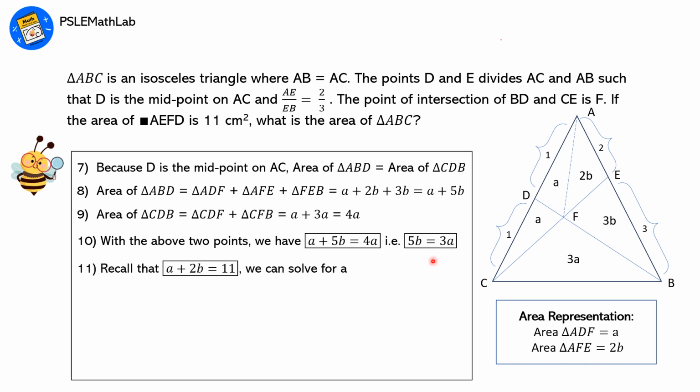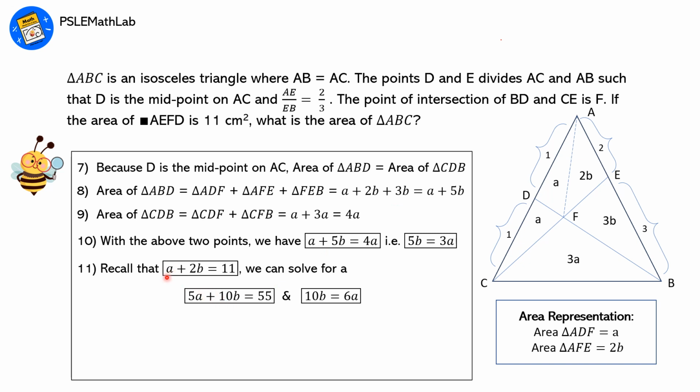Recall that from our first point, we have the irregular shape A plus 2B equals 11. Now we can solve these two equations for A. We can find the lowest common multiple of B's coefficients in order to cancel B out.